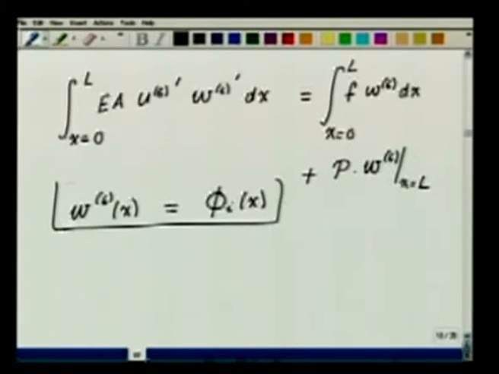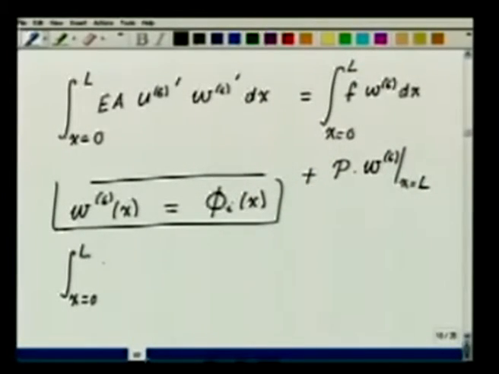Okay. So if we take a choice for this w6(x) to be phi i of x, we put it back in this series representation for w6, we take all the w's equal to 0 excepting wi, which is set to a value 1.